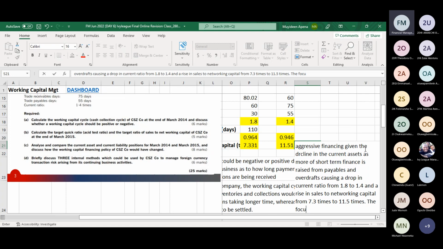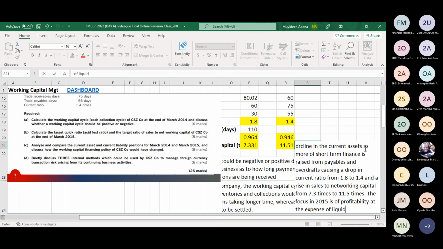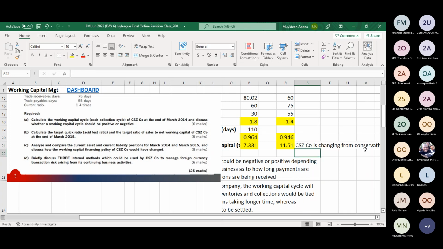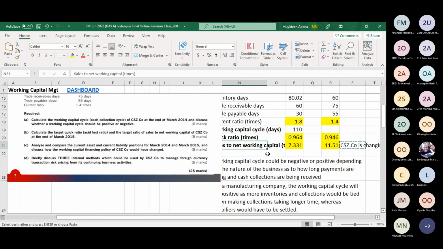Of course, in 2015 is our profitability at the expense of liquidity. Okay, so this is what we are going to put up as the response to this question.